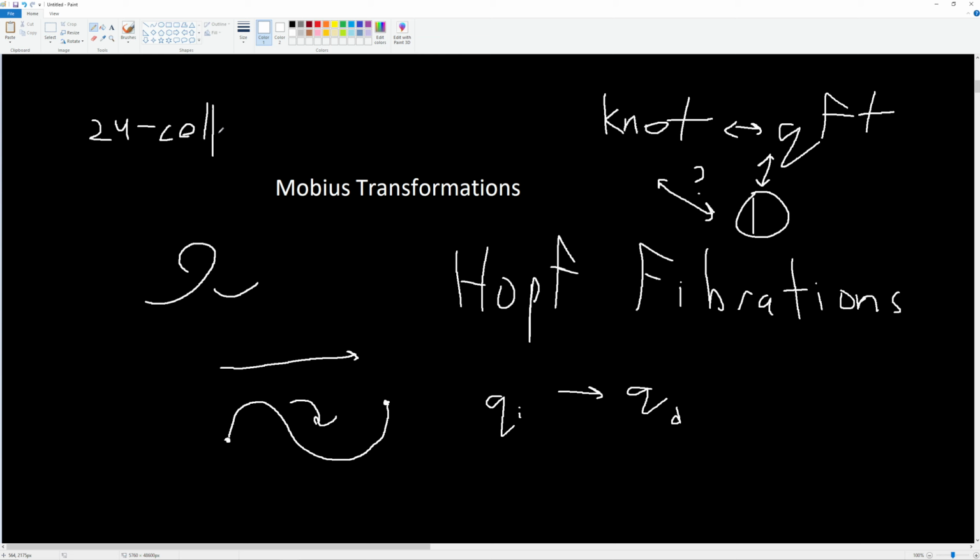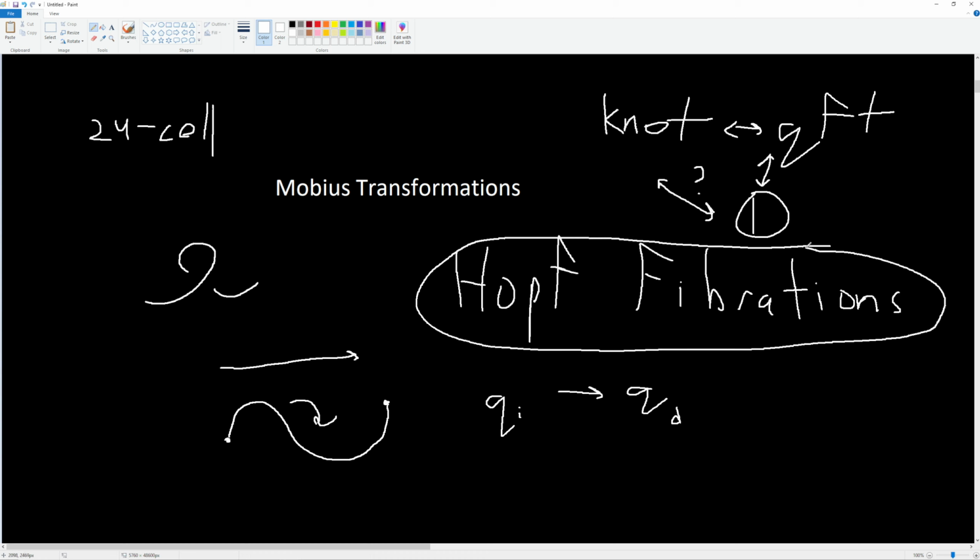It has these other groups that it looks at, and this paper classifies this stuff. So I think that's very interesting. It includes these Hopf fibrations as part of the symmetry. So this has got to be related to symmetries in 4 dimensions, I'm pretty sure, and the 24 cell is in there somewhere.